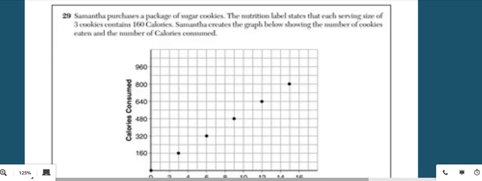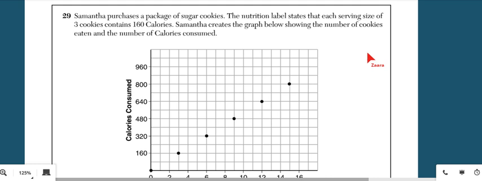Now, look at the next question. In the next question, it says that Samantha purchases a package of sugar cookies. The nutrition label states that each serving size of 3 cookies contains 160 calories.